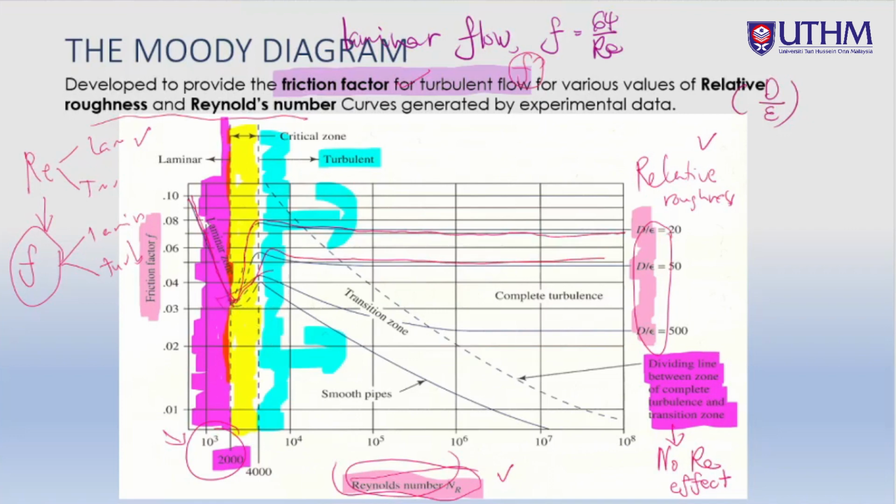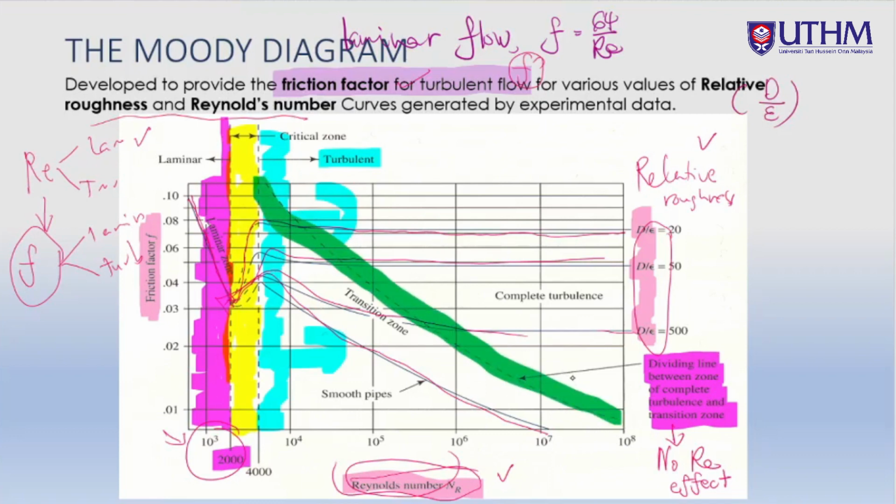Dan satu material ni, line dia macam ni. Berbeza-beza depend on the relative roughness of these pipes. Okay. And actually ada satu lagi line kat sini. Saya akan tunjuk. Dividing line between complete turbulence and transition zone.